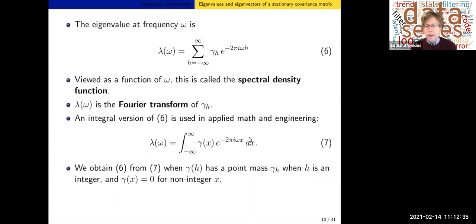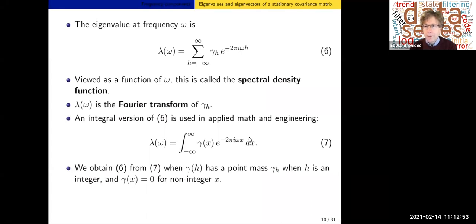Now, when you look at equation 6, if you've seen the Fourier transform in applied math or engineering classes, you most likely have seen what's in equation 7, where you write an integral rather than a sum.